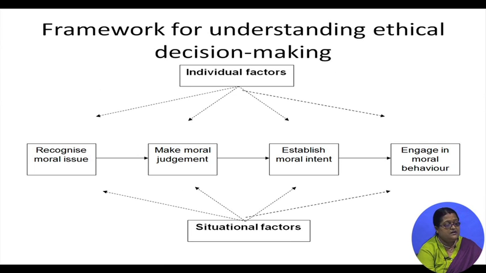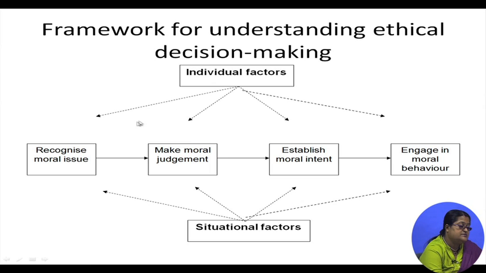So, the basic framework for understanding ethical decision making that we have is this: this is the ethical decision making process, and we have individual factors which affect each of these processes and situational factors also affecting each of these processes.